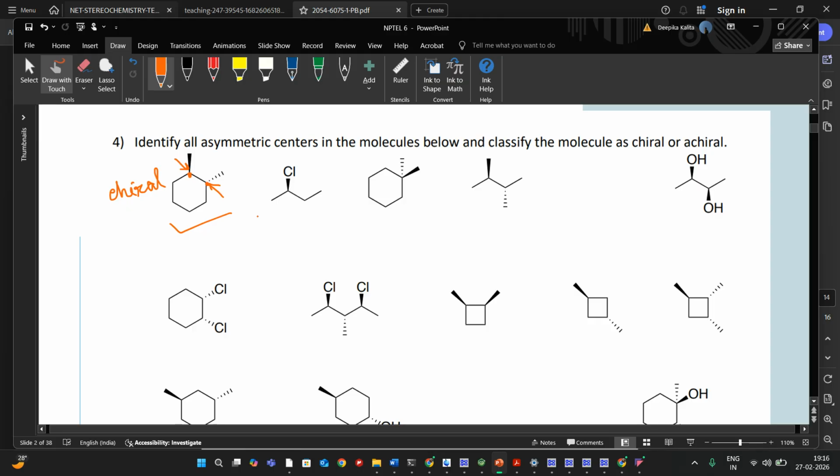Now let us come to the second molecule. In the second molecule, this center which is present here is asymmetric because it is linked to a methyl group, an ethyl group, the chloro substituent, and also there will be one hydrogen present here which will be below the plane.